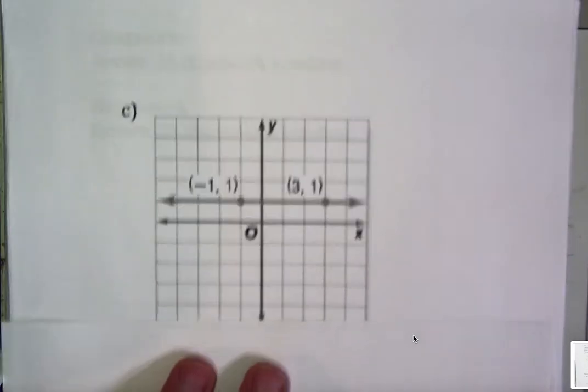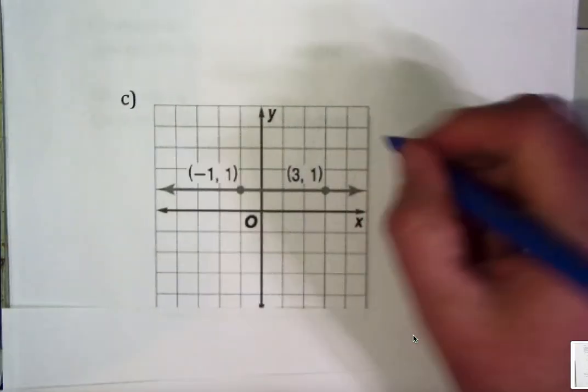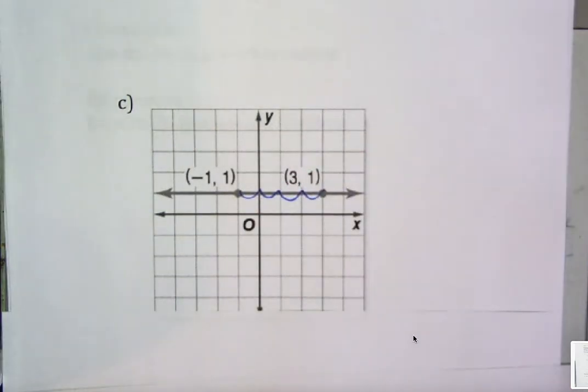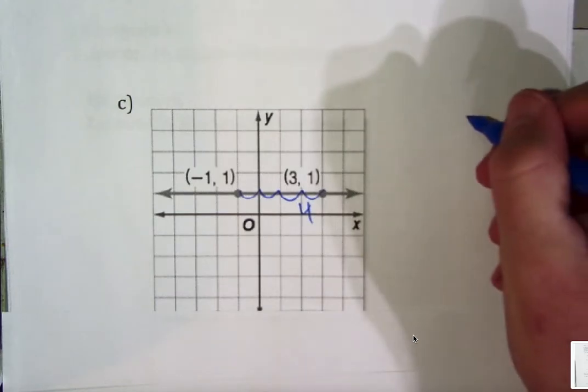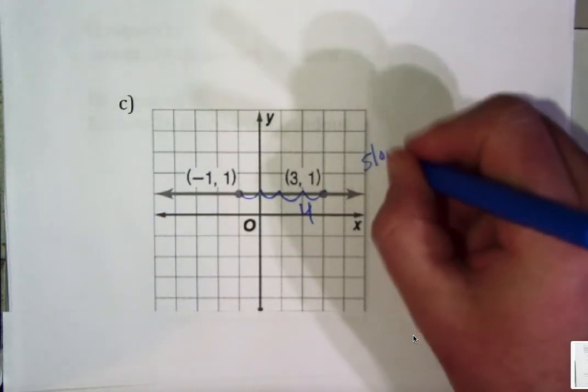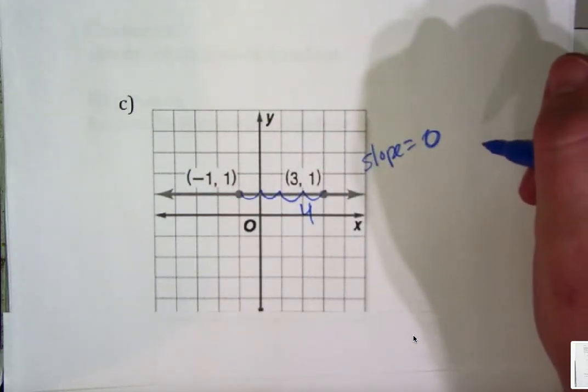All right, let's keep going. Let's find the rise and run here. Well, it has no rise, and it has a run of 4. How do we even do that? Well, we know this is a flat line. No work to be done. The slope is 0, right?